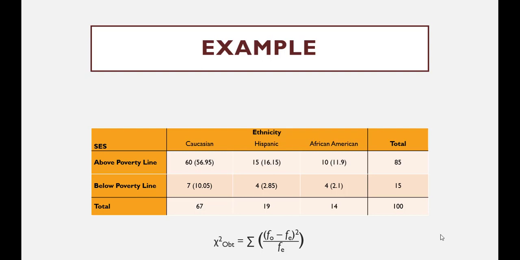If you add these up, so if you add the expected values across this top row, 56.95 plus 16.15, we end up with 56 plus 16 is going to give us 72, and then we have 72.95, we add 0.15, that gives us 73.1.